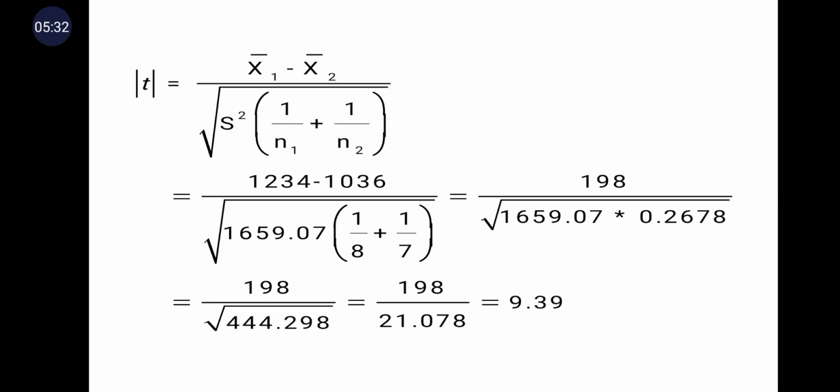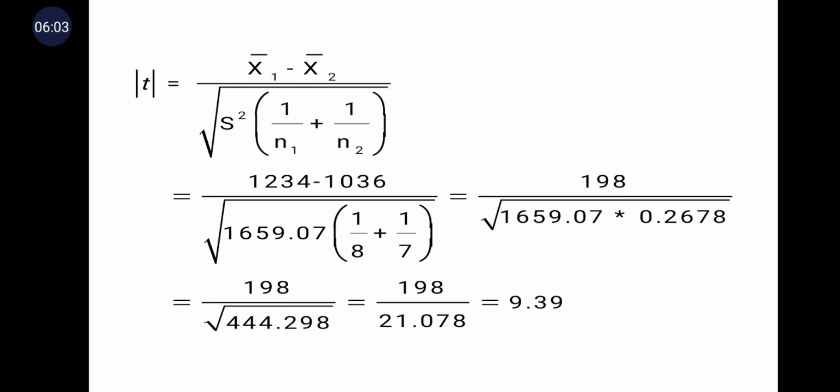The n1 value is 8 and the n2 value is 7, so 1 by 8 plus 1 by 7 gives 0.2678.